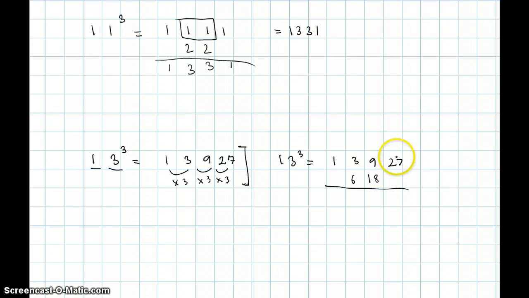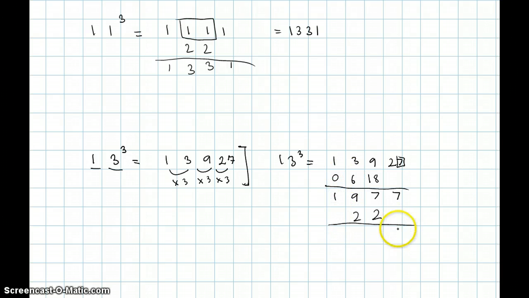We take the digit for 27, we write down the 7, not the 2, and we put the 2 over here for like a carryover. Then we do 9 plus 18, which is 27, so we write the 7 and we write the 2 here again. Then we do 3 plus 6, which is 9, and 1 plus 0, empty space, which is 1.